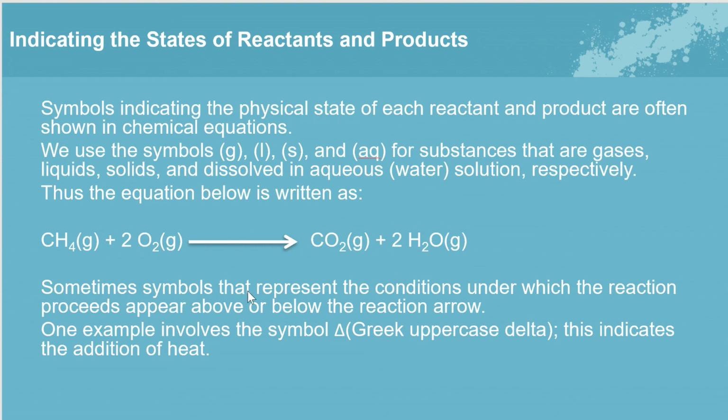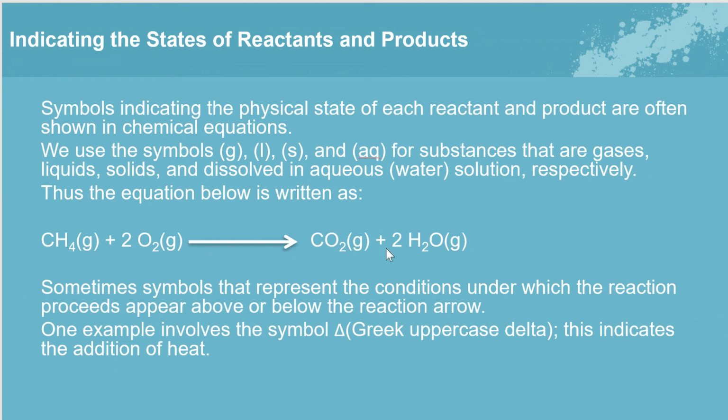Sometimes simple symbols that represent the conditions under which the reaction proceeds appear above or below the reaction arrow. Sometimes you might see a delta, the Greek uppercase delta, and this indicates that heat is required.